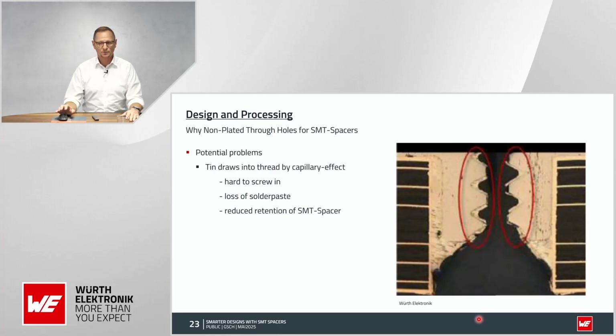Now imagine you want to screw in a screw and the thread is almost closed because there is tin inside. On the other hand, the solder paste that goes inside here is lacking on the top surface, and therefore we end up with a reduced retention of the SMT spacer.